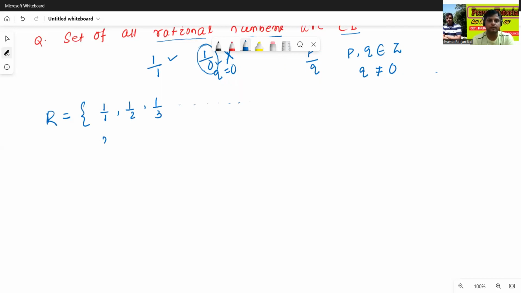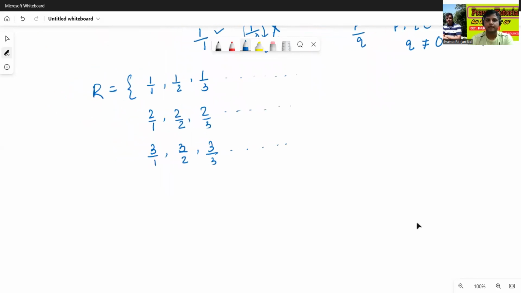Then starting from 2 by 1, 2 by 2, 2 by 3, and so on. Starting from 3 upon 1, 3 upon 2, 3 upon 3, and so on. Suppose minus 1 by 1, then minus 2 by 1, minus 3 by 1, and so on, like this.